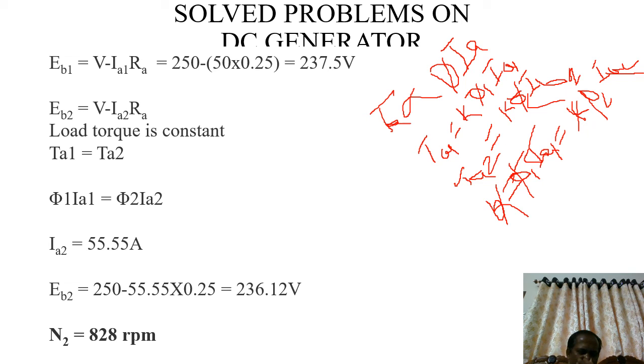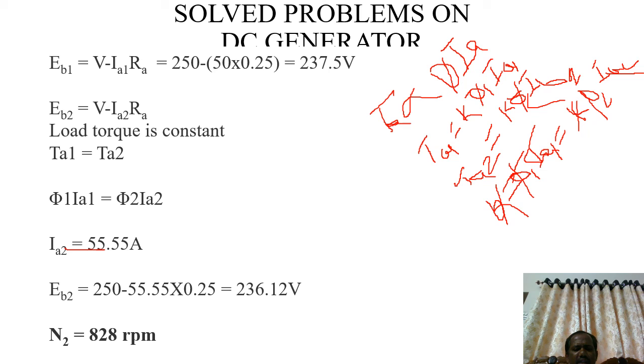Now you know the flux phi1 and the current IA1, which is given as 50 amperes. phi1 IA1 is equal to phi2 IA2. From this equation, you know the fluxes phi1 and phi2 and IA1, so if you substitute these values, you will get IA2 equal to 55.55 amperes. You substitute this in EB2.